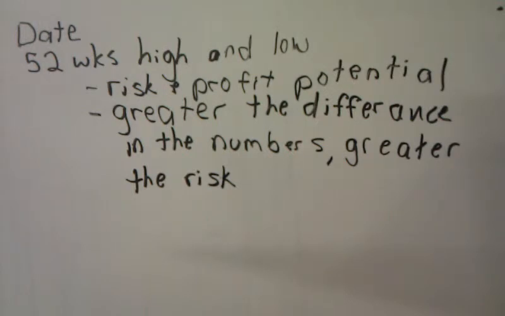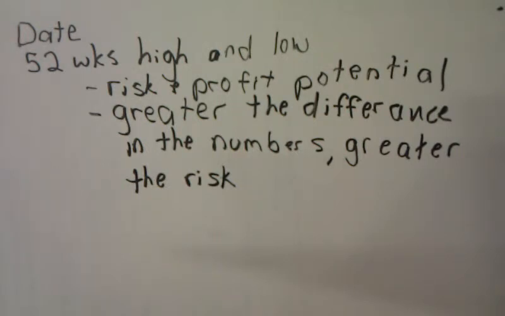The greater the margin between the two numbers, the greater the risk for the stock to gain or lose money for the investor. If the numbers show little difference between each other, there is less risk of loss, but there is also less opportunity to gain either.